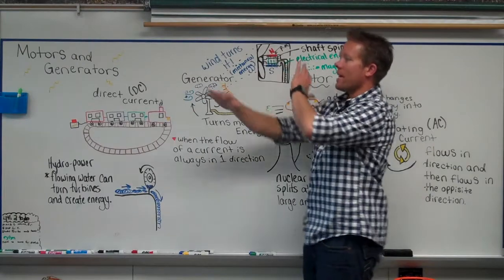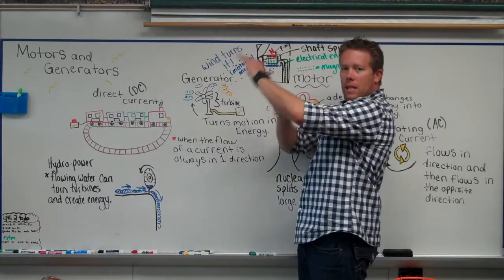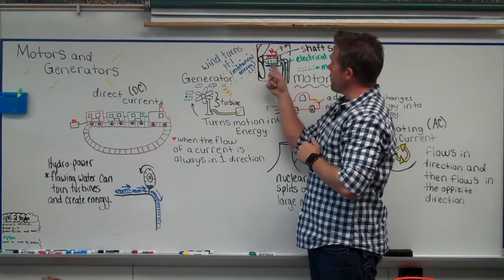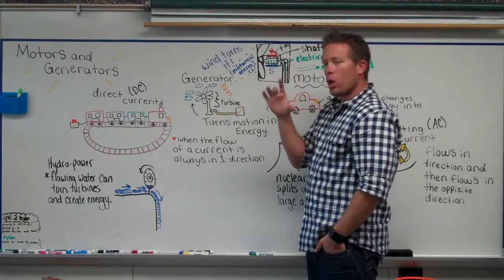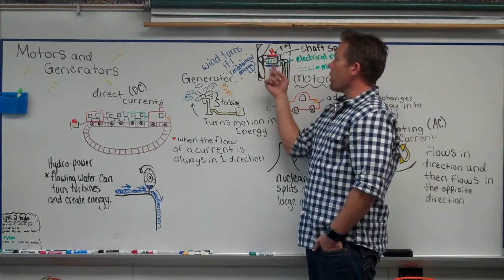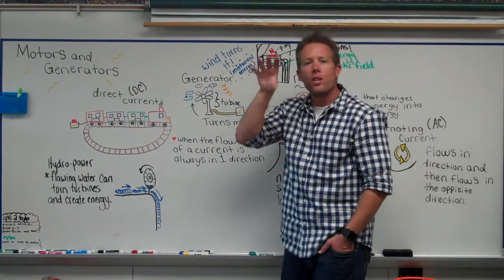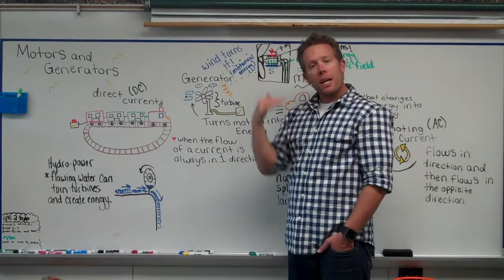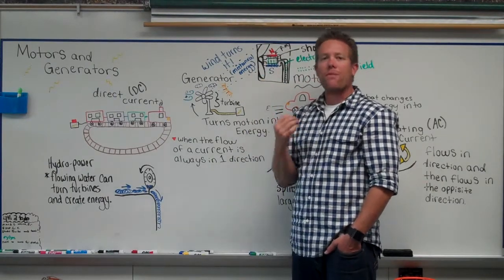Okay, so it's going like this because the turbine, or fan, is causing this loop to move. On the outside of the loop, this metal loop, is a permanent magnet. Okay? The north and the south poles, like we've talked about in our magnets section, are attracted to one another. And because they're attracted to one another, they are creating this magnetic field.